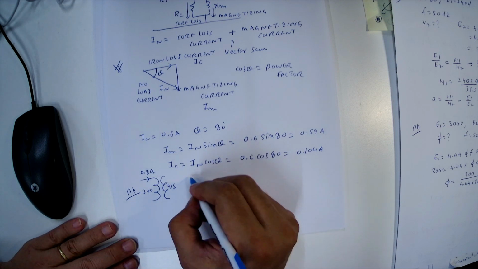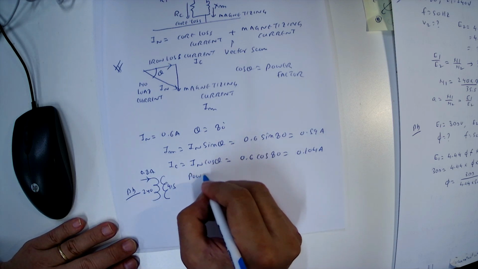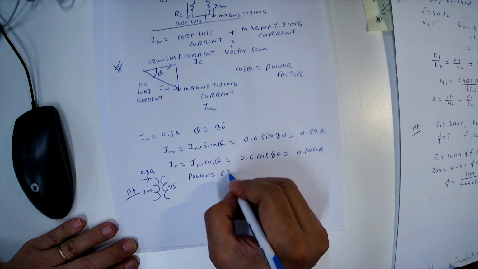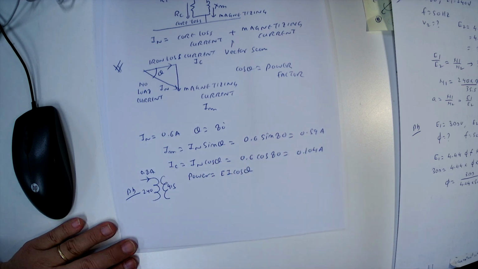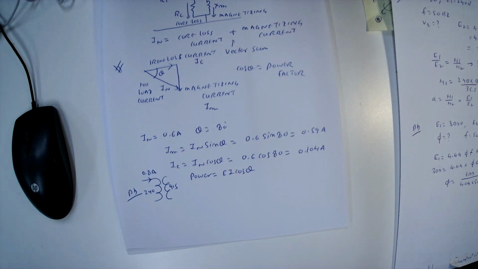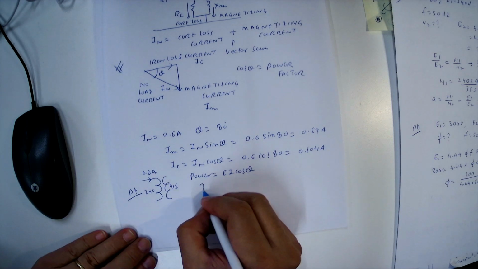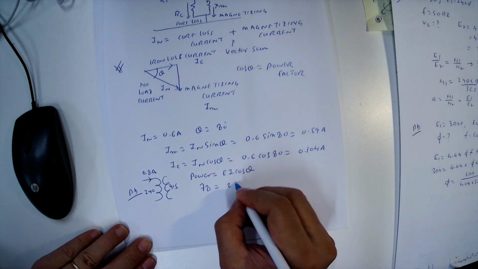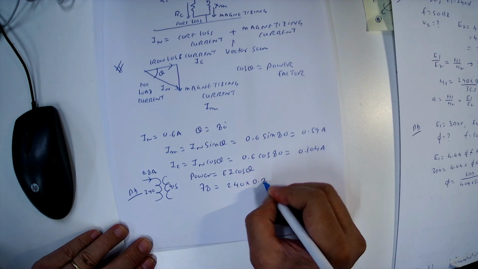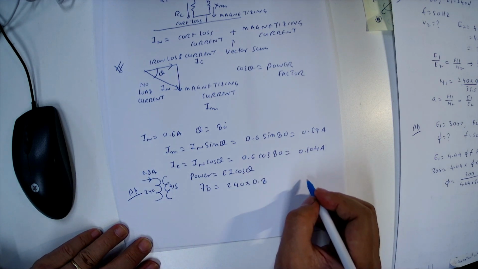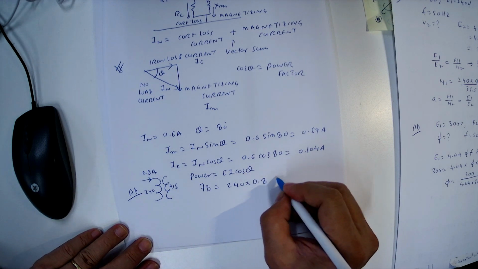So we can calculate power equals E I cos theta. AC power can be calculated as voltage multiplied by current multiplied by power factor. In this case the power is 78 watts, voltage is 240, current 0.8, and then we can find out the power factor, cos theta.